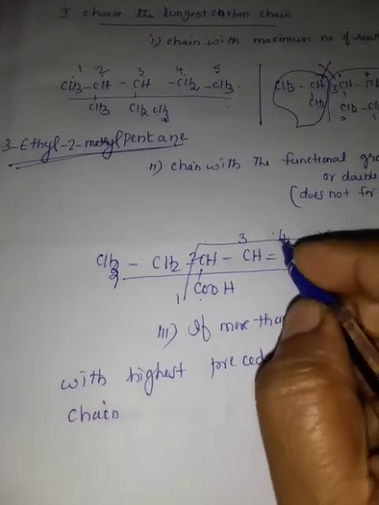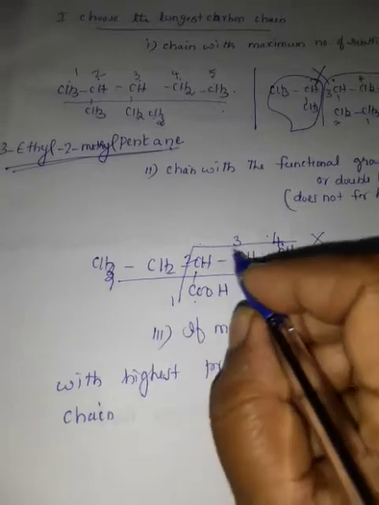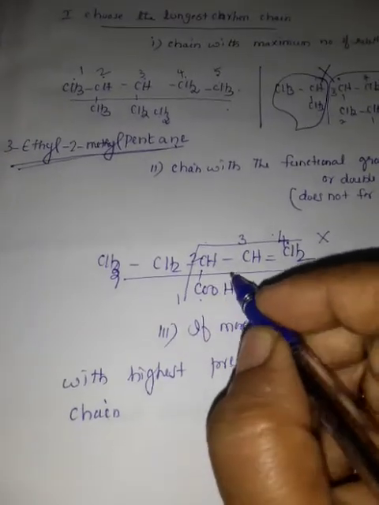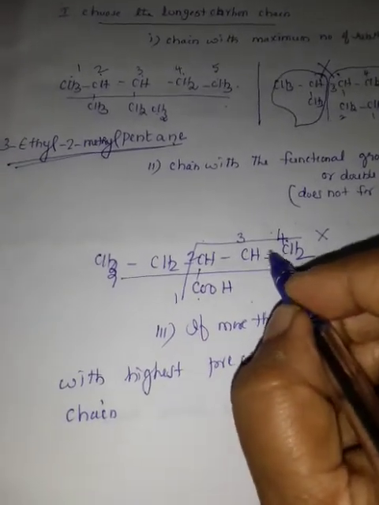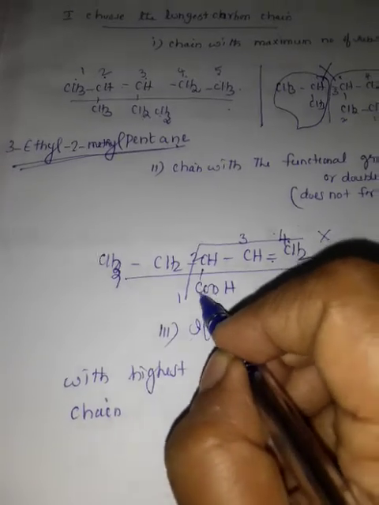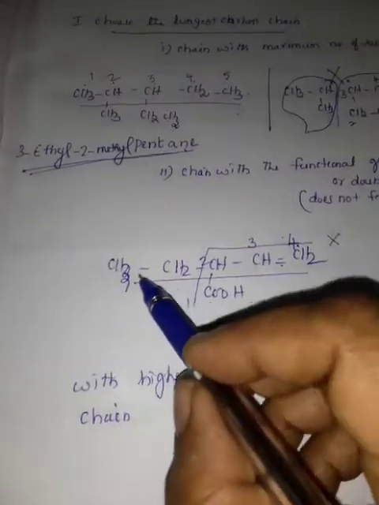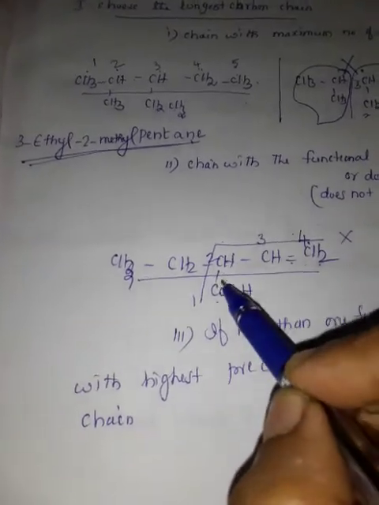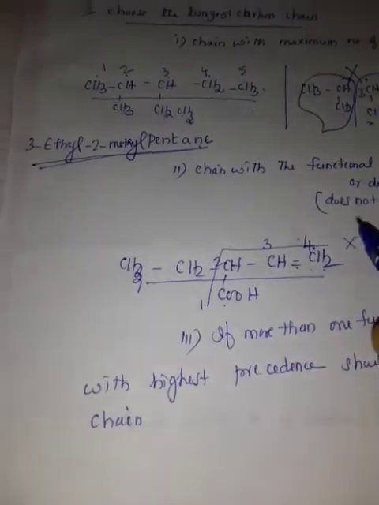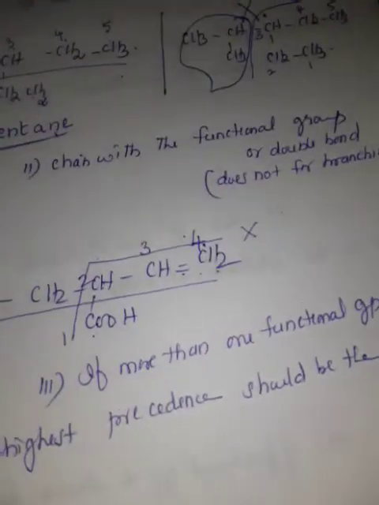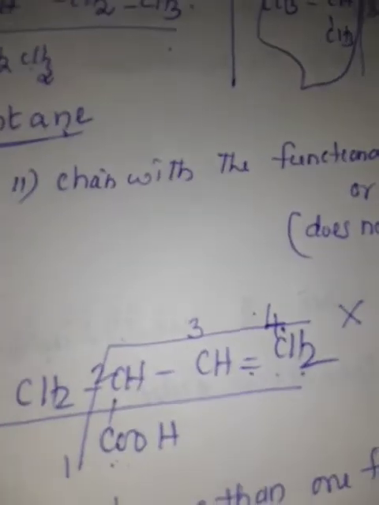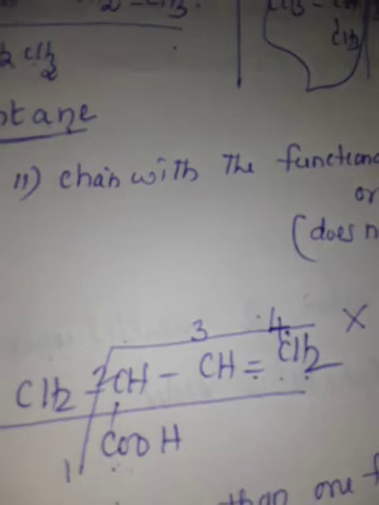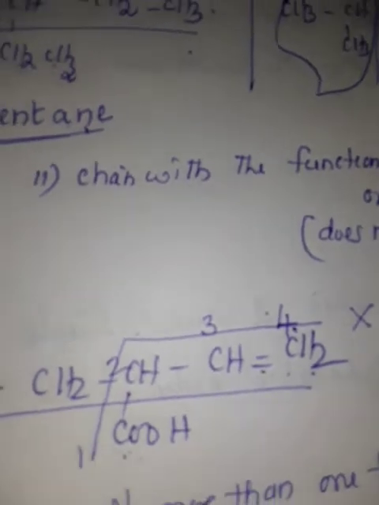I think you are all clear now. So 4 carbon atoms with the double bond and COOH group in the same chain. The 5 carbon chain without the functional group is the wrong method. 4 carbon atoms with the double bond and COOH group is the correct one.